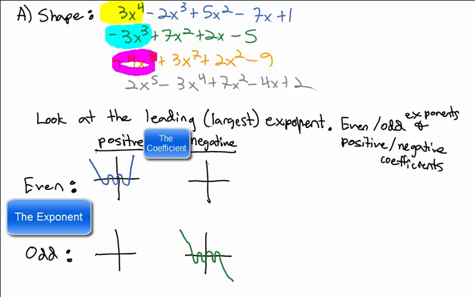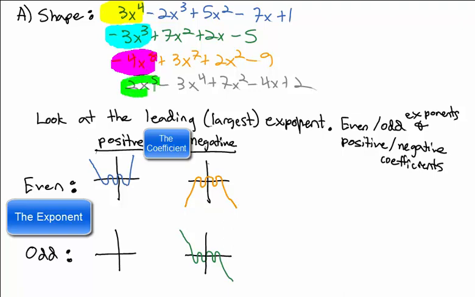Another example here, negative 4x to the 8th is the leading term. X to the 8th is even, but the coefficient is negative. And so what this graph is going to do is be a flipped version of the positive even. It's going to come in from the bottom left, wiggle around for a while, and go out the bottom right.